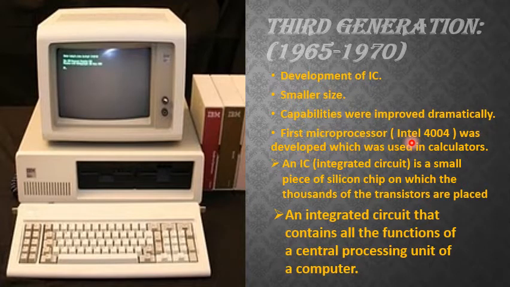The first microprocessor, Intel 4004, was developed, which was used in calculators. You can see that the third generation computer is reduced in size. If you see the size of the first and second generation, they were bigger than the third. So as we go through generation after generation, the size is reduced.